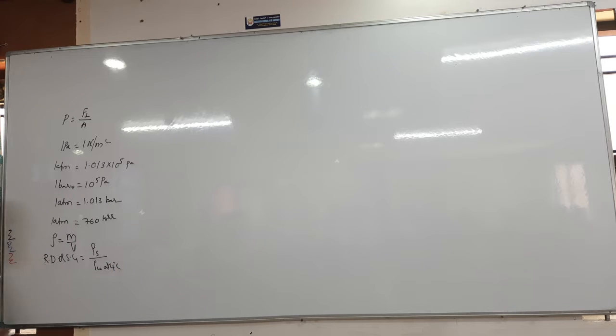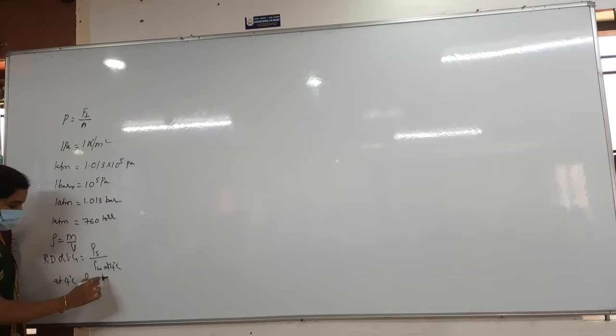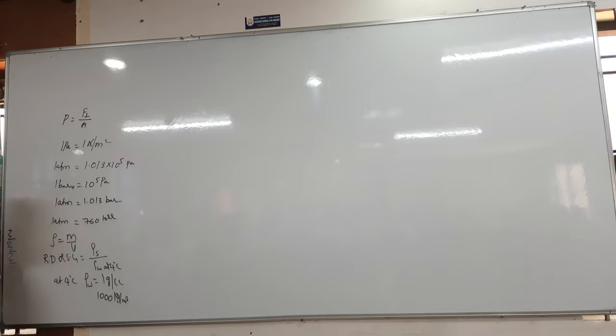At 4 degrees Celsius, the density of water in CGS is how much? 1 gram per cc. In the same way, in SI it will be 1000 kg per meter cube. This is about relative density, and the density of water at 4 degrees Celsius we have discussed. Why? Because there the water has the maximum density.